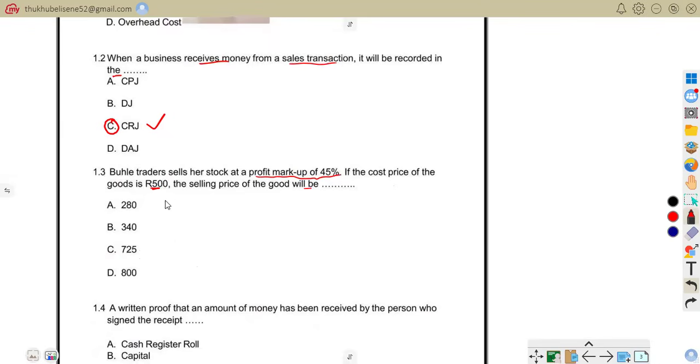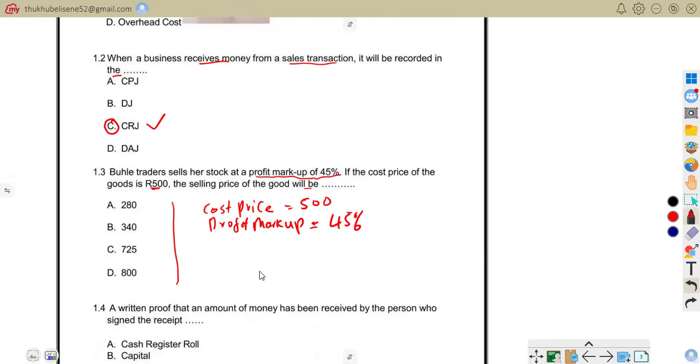For us to calculate it, let's calculate the selling price. We have a cost price, which is equal to 500, which is given. And the profit markup is equal to 45%.